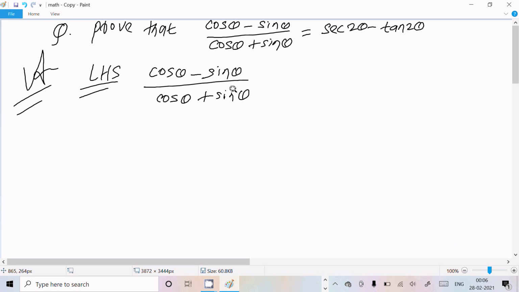Now here, if you get terms like this, you can first look at the denominator.